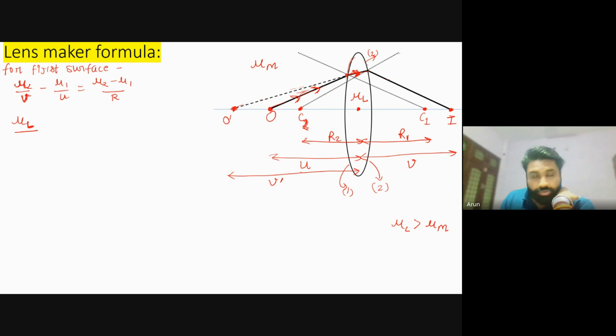Obviously, this mu1 is the medium from where the ray is coming, so it is mu m, divided by u. U is the distance of the object, which we have mentioned here. It is u.